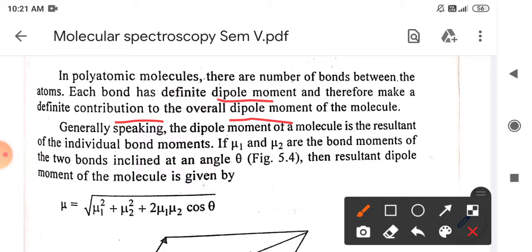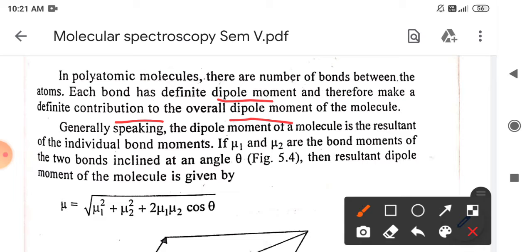Okay, and we have seen that dipole moment is a vector quantity. So due to the vector nature of the dipole moment, we have to consider the direction also. So direction will depend upon what? The angle. If we know the angle between these two vectors, we can calculate the direction, and based upon the direction we can predict the dipole moment of the molecule.